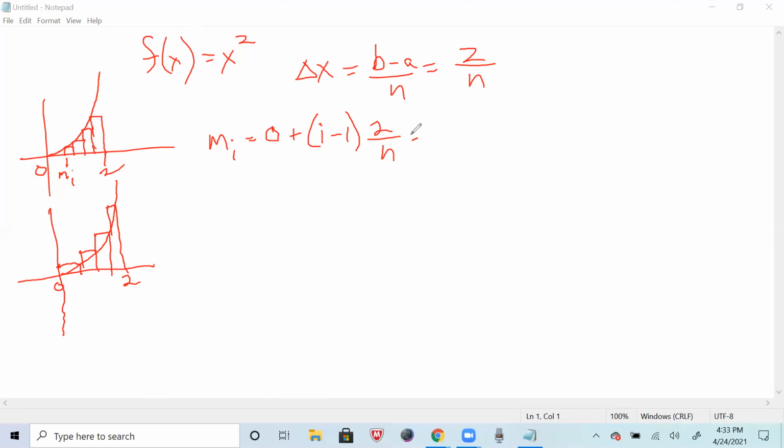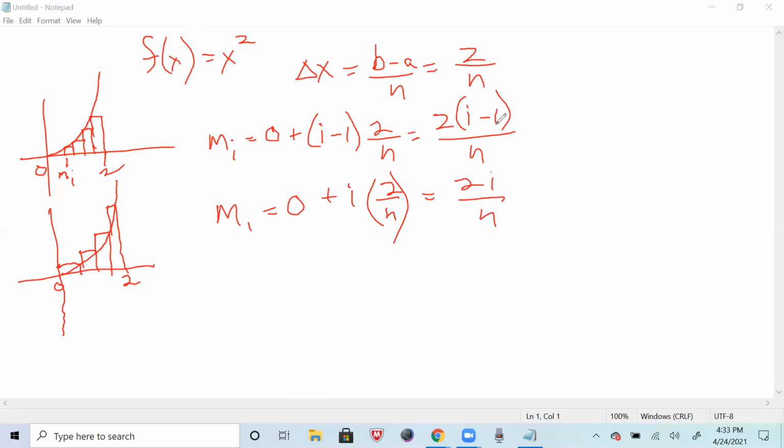You might just have to take it on faith for the moment until you understand it more. For right hand it's a capital M, and left hand is a little m. The right hand ends up being 0 plus just I times 2 over n, which is a little easier than the one above it.